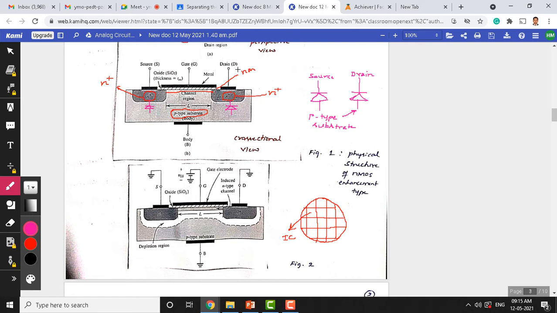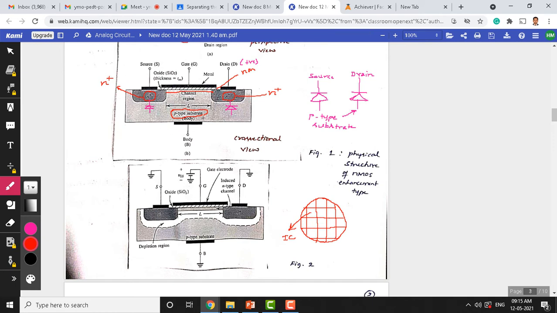So here we tie this to the positive voltage, and look at what happens when we connect the drain to the positive voltage. When the drain is kept at positive voltage, obviously this becomes reverse biased. This diode PN junction becomes reverse biased, and again here also you can see that with reference to the source, we short circuit this source and the body.